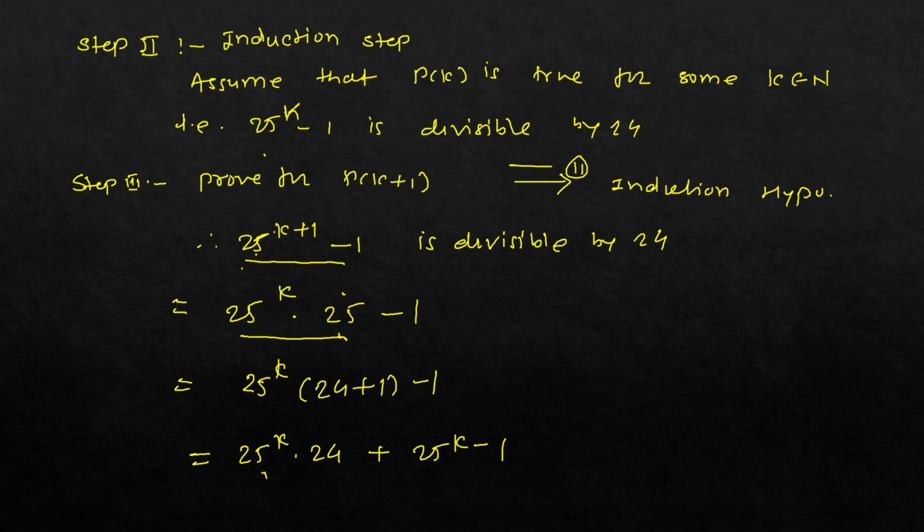Now this is a multiple of 24 and this is equation number second, equation 2, right? And this one is multiple of 24. Now on RHS both terms are divisible by 24.